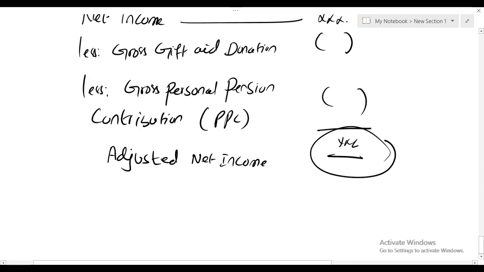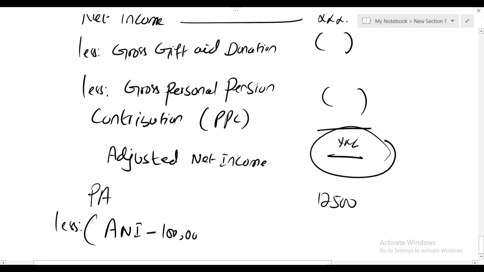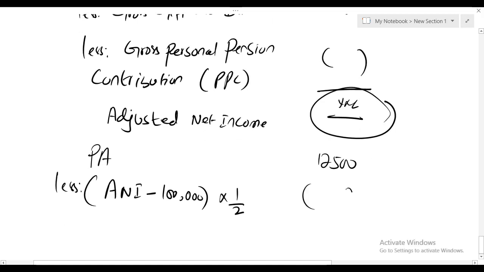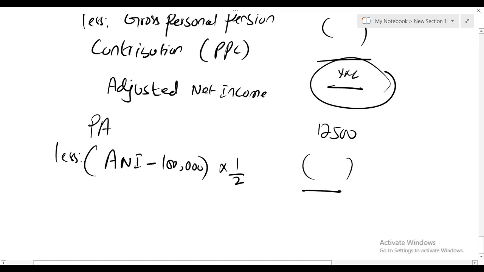How it reduces? Look at this. Personal allowance is 12,500. Adjusted net income, you need to minus 1 lakh, then 1 upon 2. So personal allowance can be 0, it cannot be negative. Minimum personal allowance is going to be 0, but personal allowance cannot turn negative.